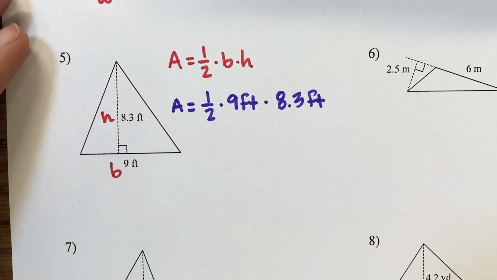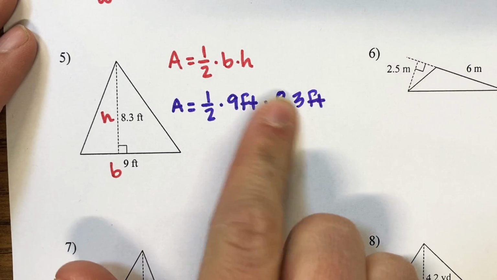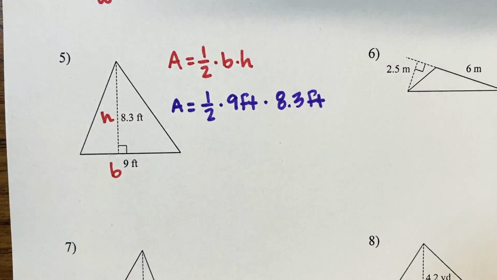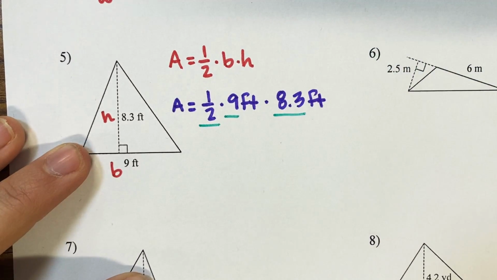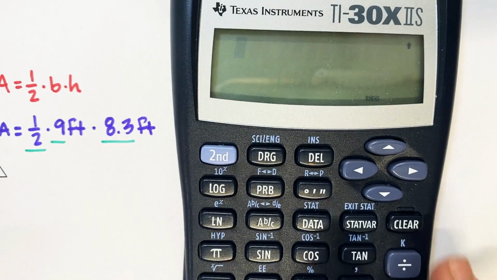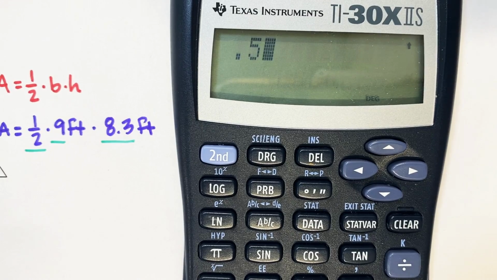So this is where I might want to use a calculator because we're going to have some decimals here, and that's okay. So I'm going to take 1/2 times 9 times 8.3. So I have 1/2 or 0.5, you can do that in your calculator too, times 9 times 8.3.